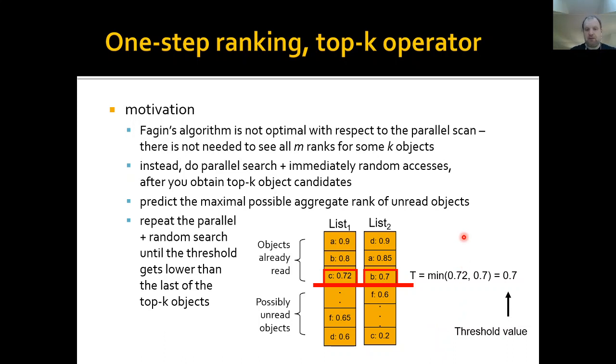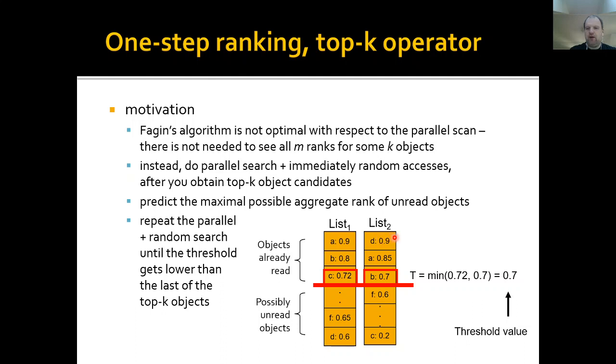The idea is the following: the objects are read from the best scoring to the lowest, as in Fagin's algorithm, but immediately after each parallel step, we determine the rest of the rankings for what we have already seen for one score.